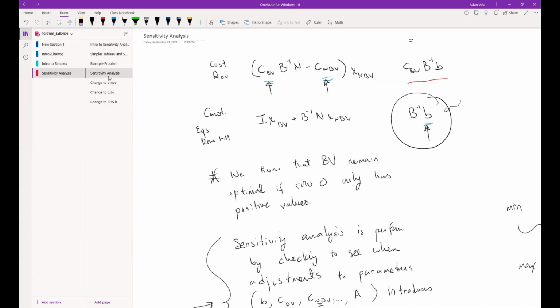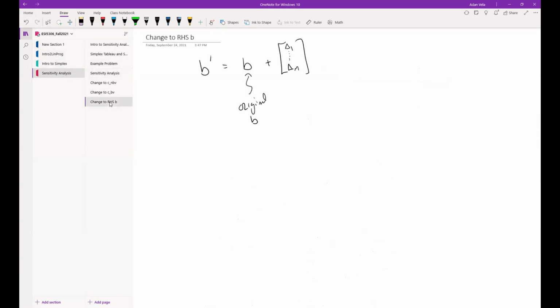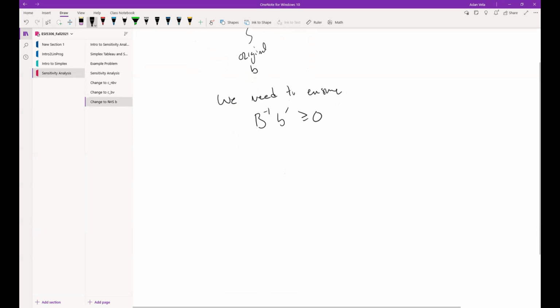So this B inverse B in our simplex table, we need to make sure that B inverse B prime remains greater than or equal to 0. If that doesn't happen, then that means our optimal basis is no longer correct. Okay. So that's the first thing that we need to check.